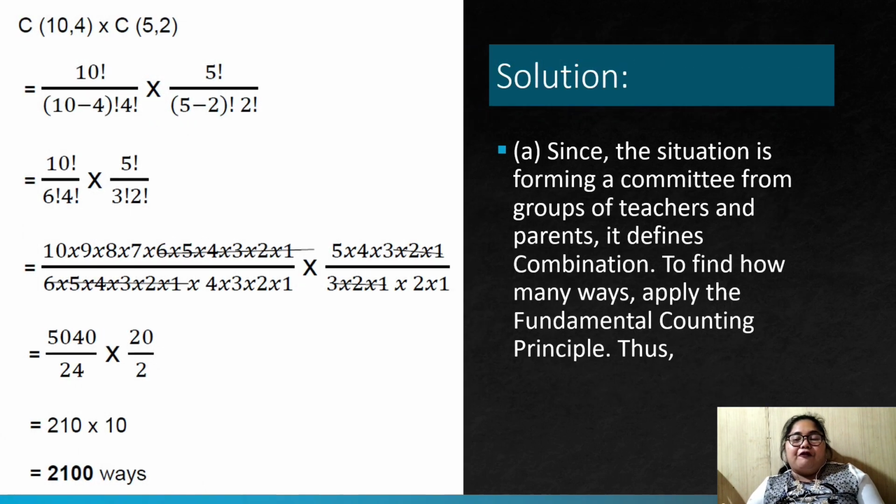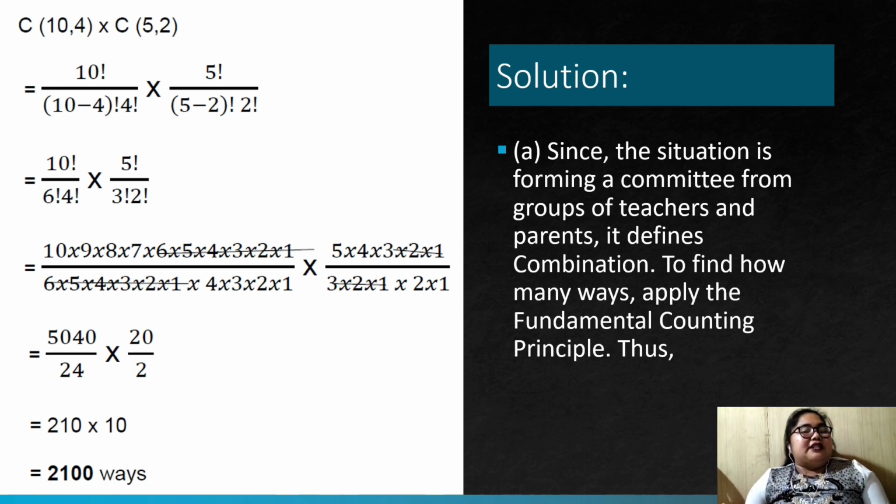Let's have the first question. For the solution, since the situation is forming a committee from groups of teachers and parents, it involves combinations. To find how many ways, apply the fundamental counting principle.